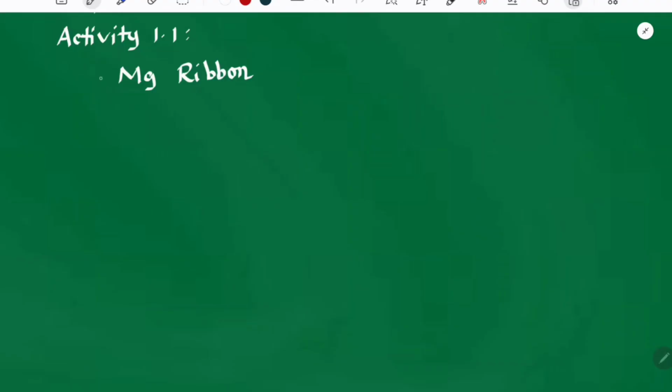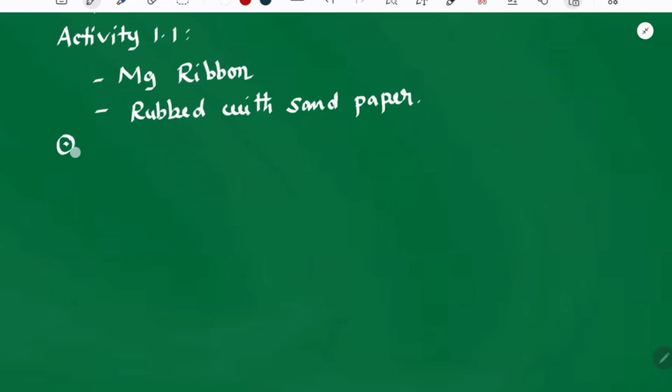So what is he saying? The magnesium ribbon is rubbed with sandpaper. Here the question is why we are rubbing with sandpaper.